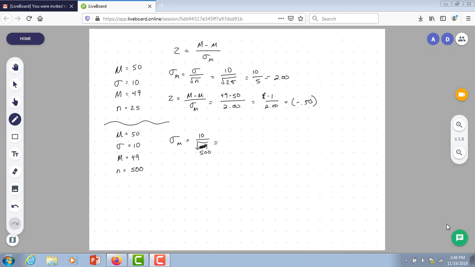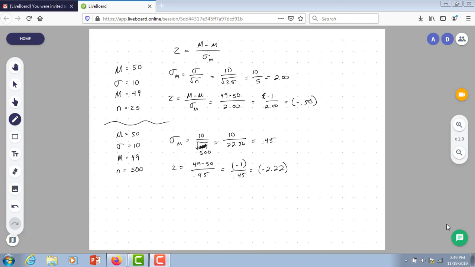If we take the square root of 500, we would end up with 22.36 with 10 over it. Divide that 10 by that 22.36 and we'd end up with 0.45. And then finally we do our z, where we would have 49 minus 50 over 0.45. We do that equation out, and finally we'd end up with a negative 2.22.